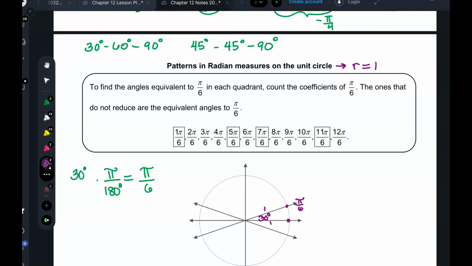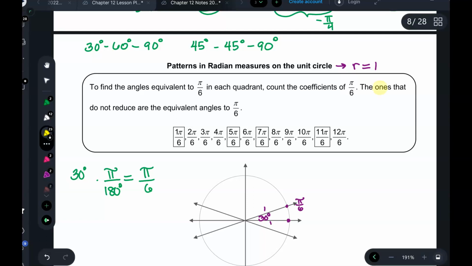When we're looking at 30 degrees, we're looking at 30 degrees between the angle and the x-axis. So what we want to do is find the next 30-degree angle. Basically if we count, the ones that do not reduce are equivalent to pi over 6. Let me explain.